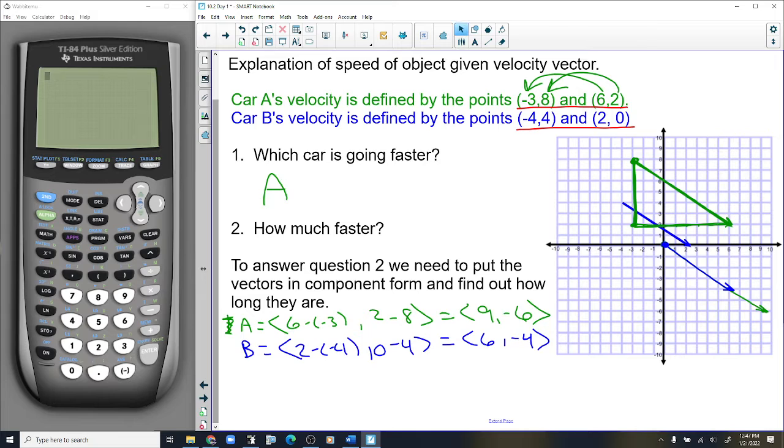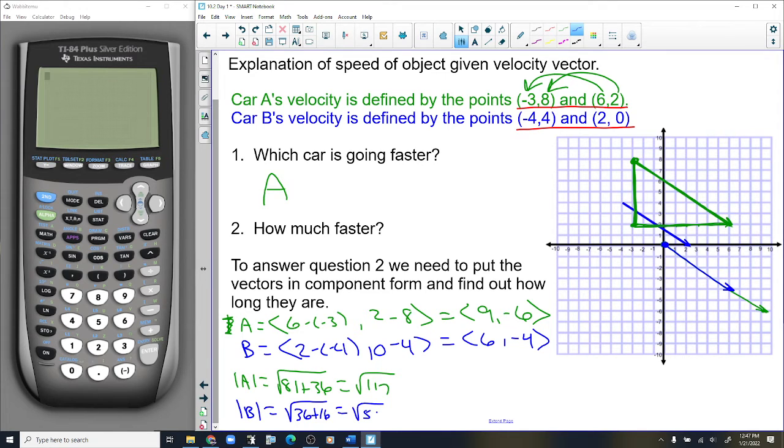So the magnitude of car A is the square root of 81 plus 36. In other words, it's the hypotenuse of the right triangle that we could create. We have the square root of 117. Now the length of vector B is the square root of 36 plus 16, so the square root of 52.